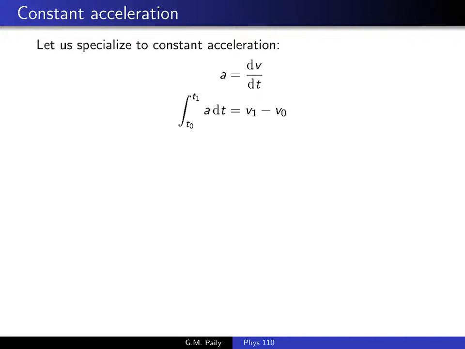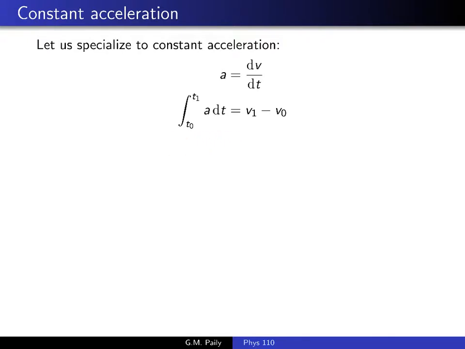But now let us specialize to the case of constant acceleration. So again, we start with a is equal to dv over dt, rearrange to get dv is equal to a dt, and integrate. The integral of dv is simply v, and evaluated at the limits becomes v1 minus v0.